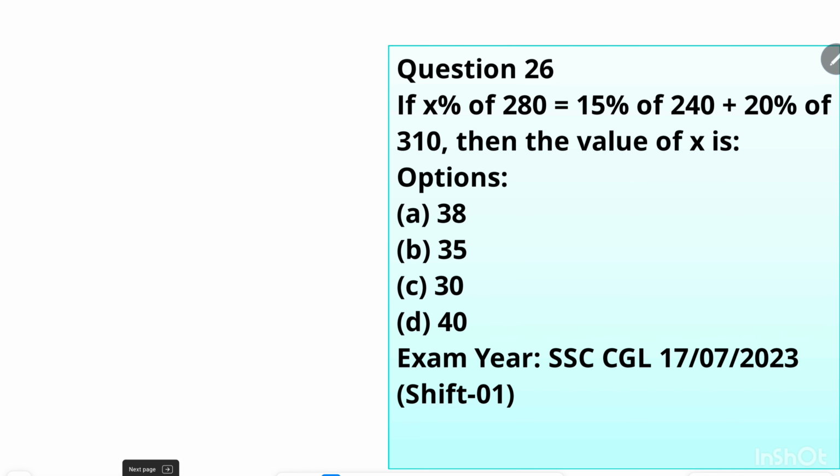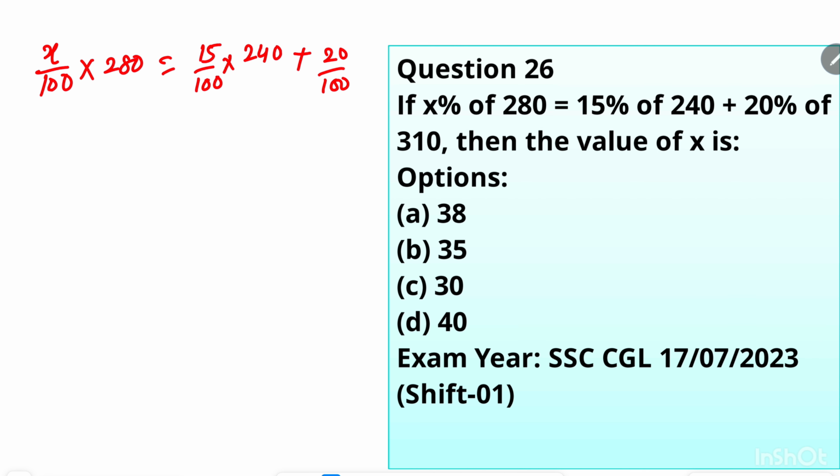Then the value of x, simply you see x percent of 280, x upon 100 times 280, is equal to 15% of 240, plus 20% of 310.